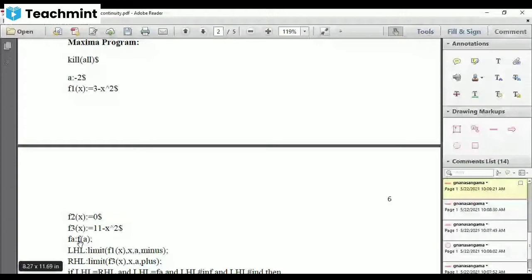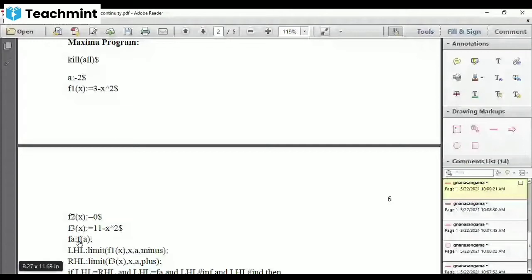Yes, here a is -2. So x equal to -2 means which function do you have to consider? Yes, it is f2 of x. So this should be f2 of a, not f of a. If you write f2 of a, your f2 of x will be evaluated for value a. What is your value of a? -2. So you will get f2 of -2. What is f2 of -2? 0. So that 0 will be stored.